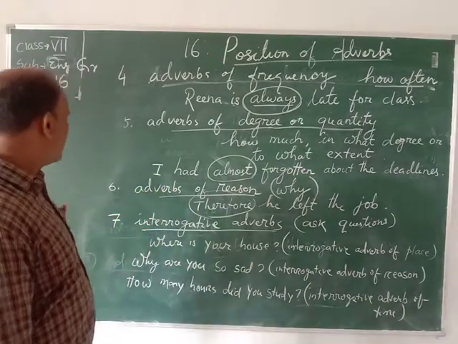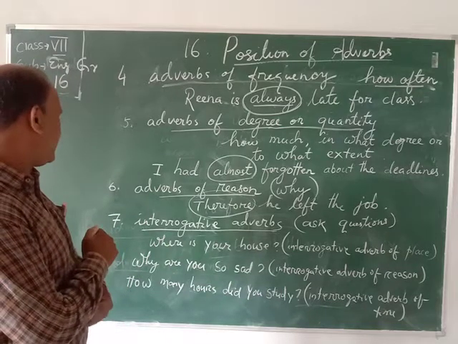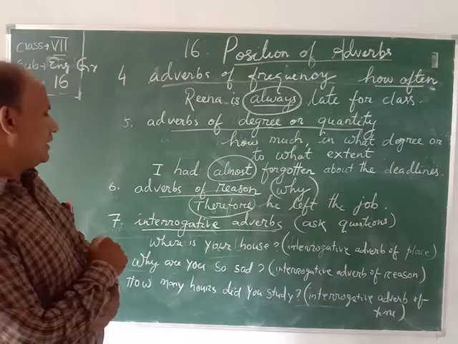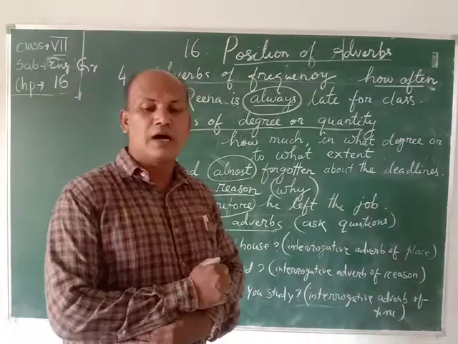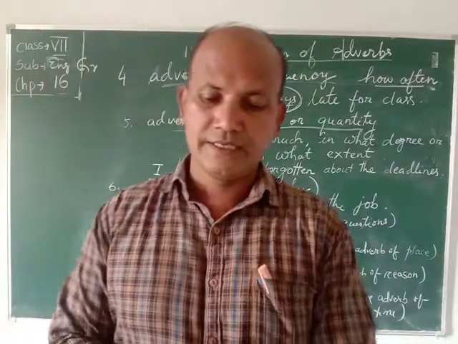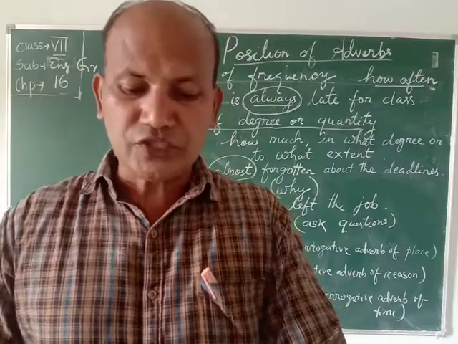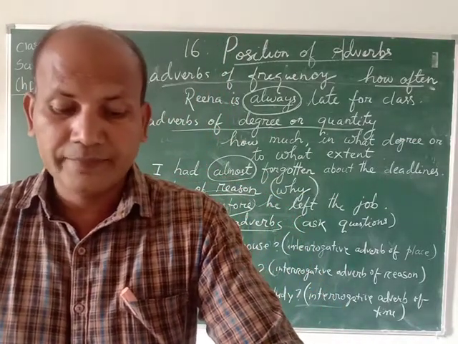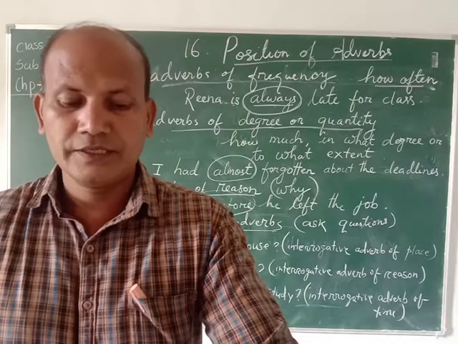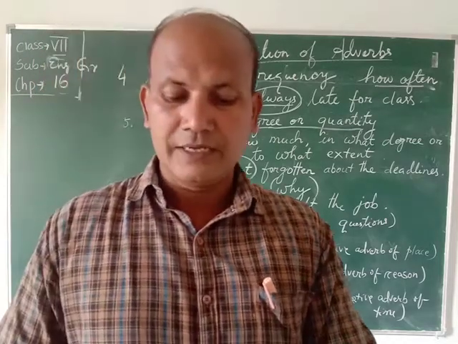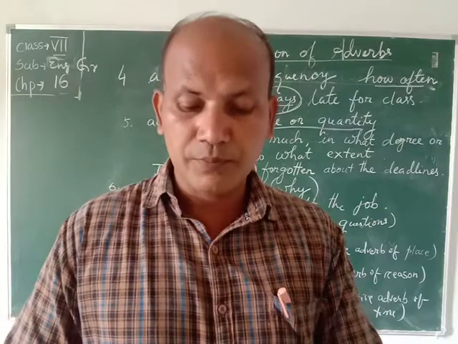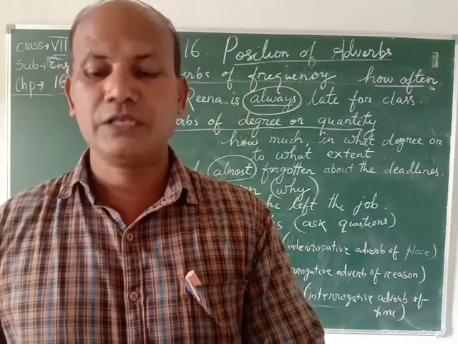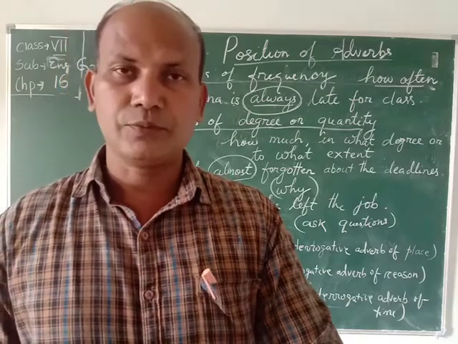Next, come to point number 7. Interrogative adverbs. Interrogative means asking questions. Yes, they are used to ask questions, just like where, why, and how. Yes, 3 types: why, where, and how. Where, why, and how. 3 types of questions.